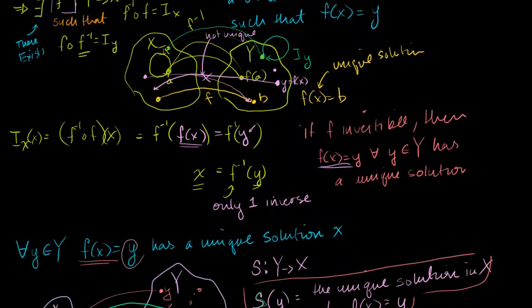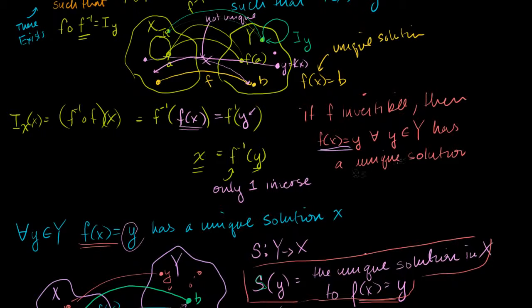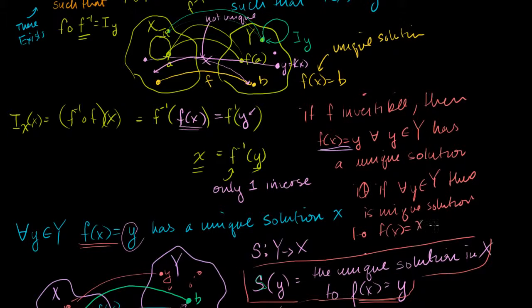And in the second part of the video, we showed that the other way is true: that if for all y, a member of capital Y, there is a unique solution to f of x is equal to y, then f is invertible.